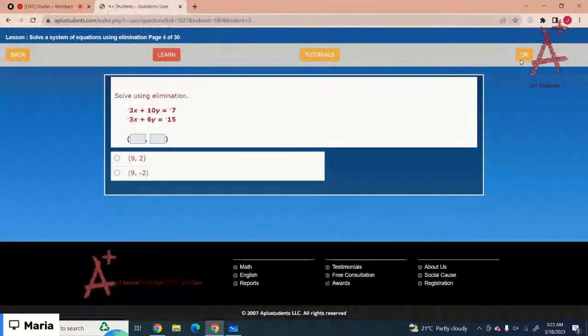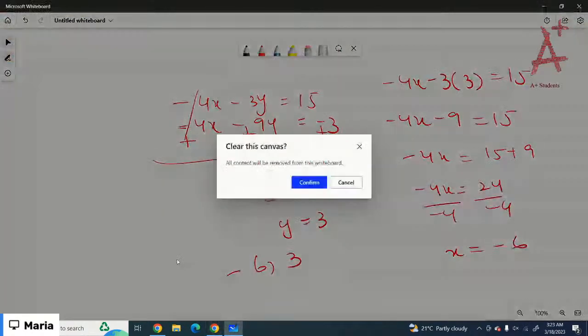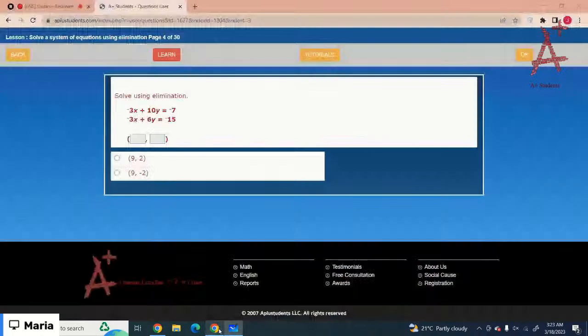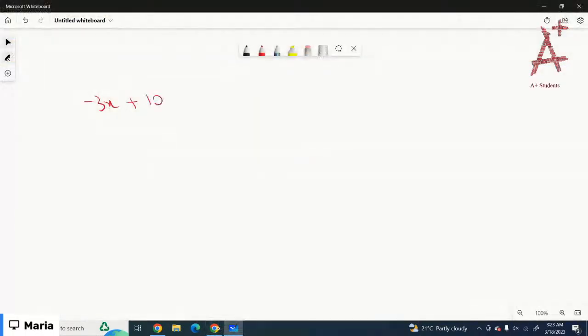Okay, the next one is negative 3x plus 10y equals negative 7. And the second one is negative 3x plus 6y equals negative 15.